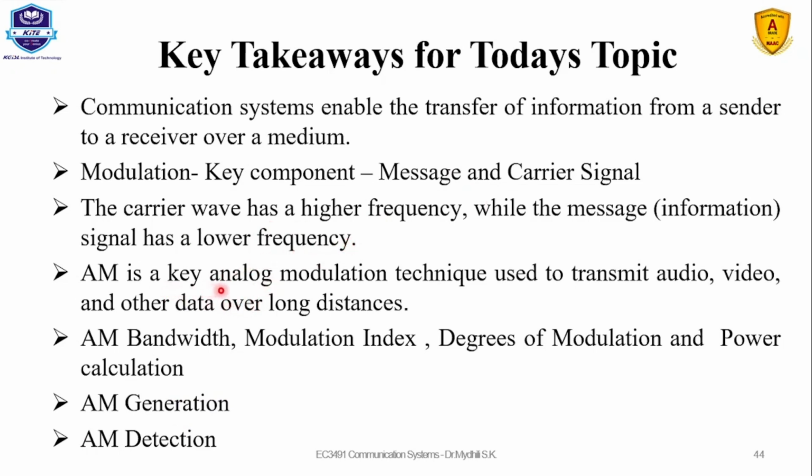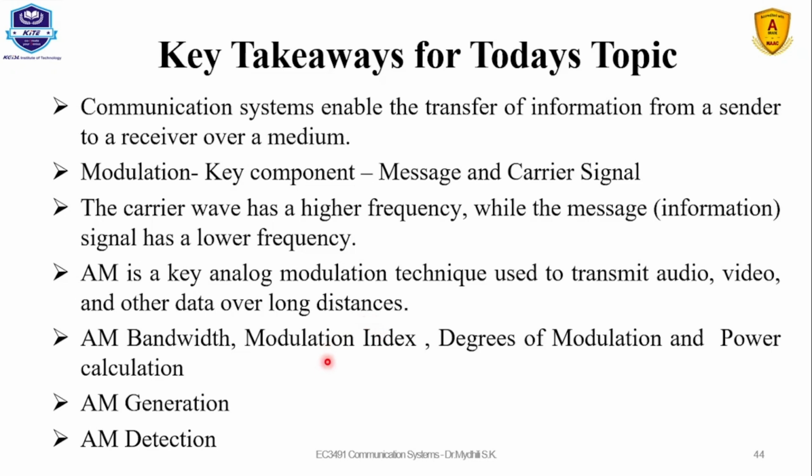So AM is a key analog modulation technique used to transmit audio, video and other data over long distances. This is the earliest and a basic modulation technique, used at the starting level of modulation. We are studying this basic technique even though nowadays we use different modulation techniques.